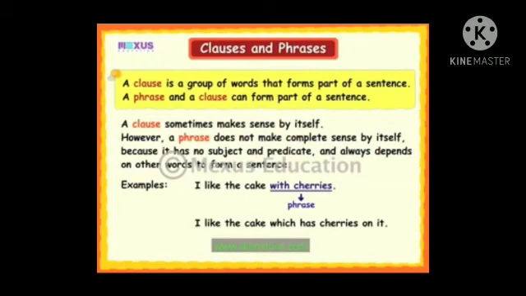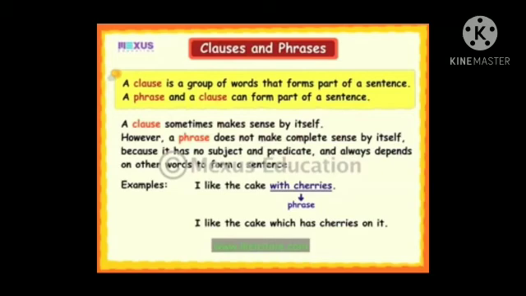So, what is the difference between clauses and phrases? A clause is a group of words that forms part of a sentence, and a phrase can also form part of a sentence. A clause sometimes makes sense by itself.